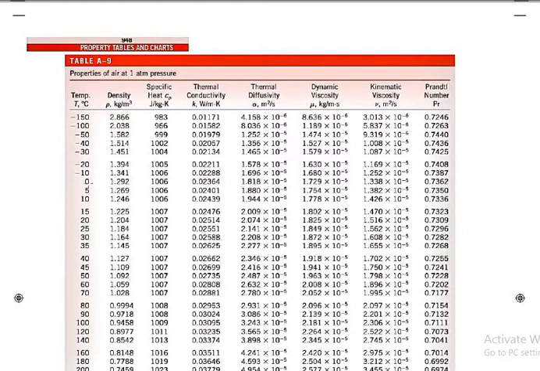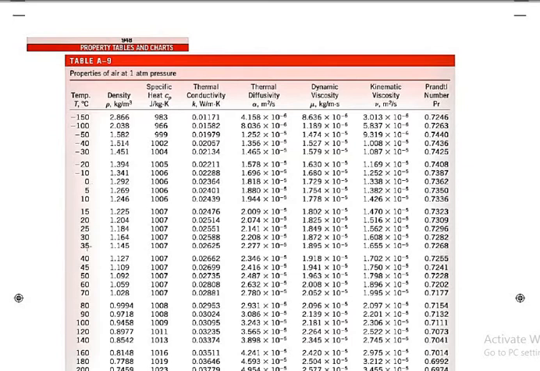Say the temperature of the fluid is 60 degrees Celsius and the temperature of the surface is 40 degrees Celsius, and we have to select the properties of the fluid. Then we have to take the average of 60 degrees Celsius and 40 degrees Celsius, that will be 50 degrees Celsius.